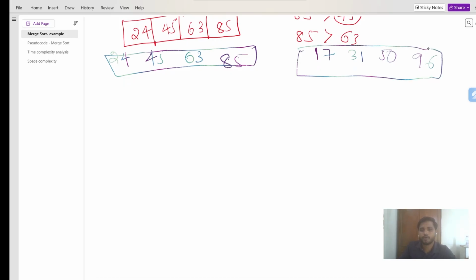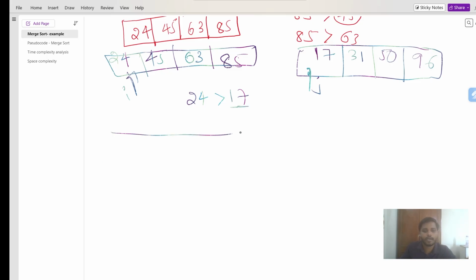Same as before, I'm going to assign the i pointer here and the j pointer here. We are going to see one more time how the merge operation is going to perform. Now 24 is compared with 17. Which one is smaller? This one is smaller.